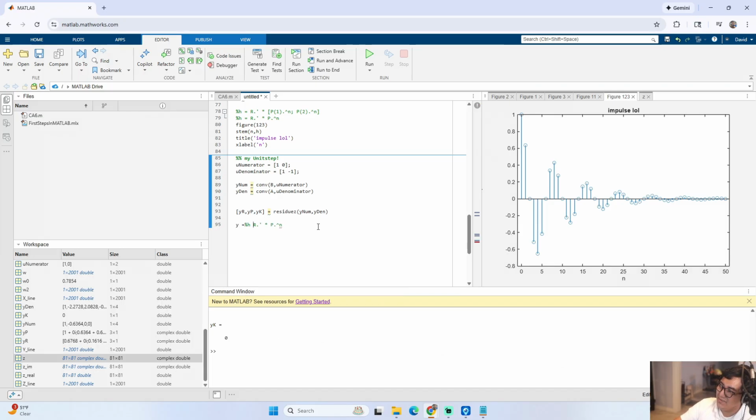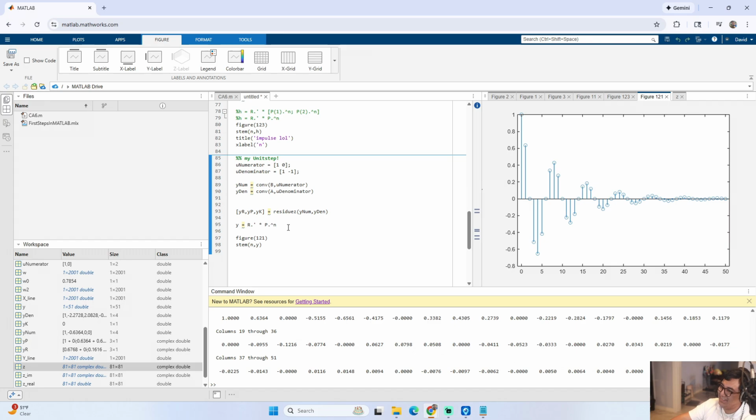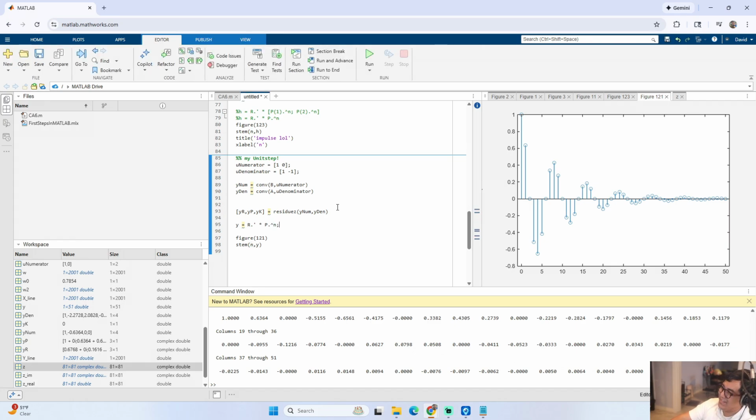Boom. And then we have our same figure. Now let's just copy paste the figure. Oh, I didn't even do anything. Hey, look at that. Something's wrong. 121.